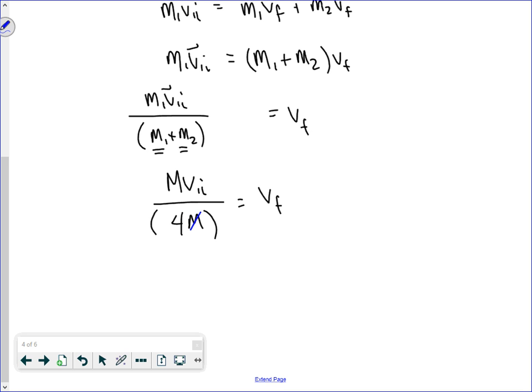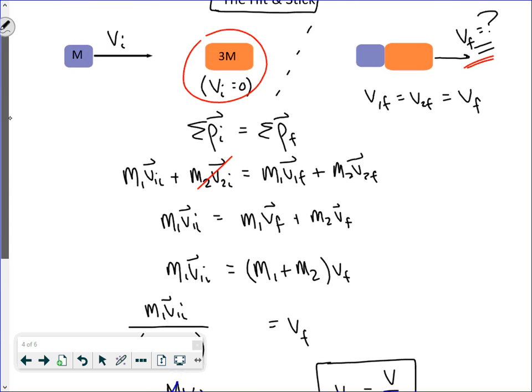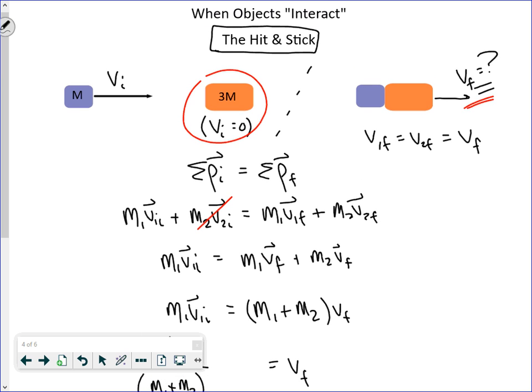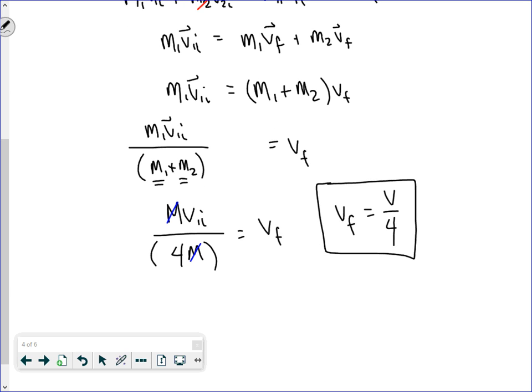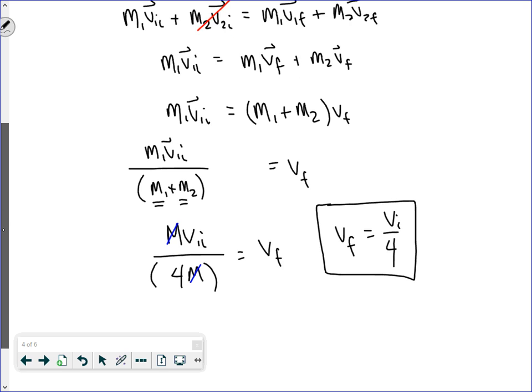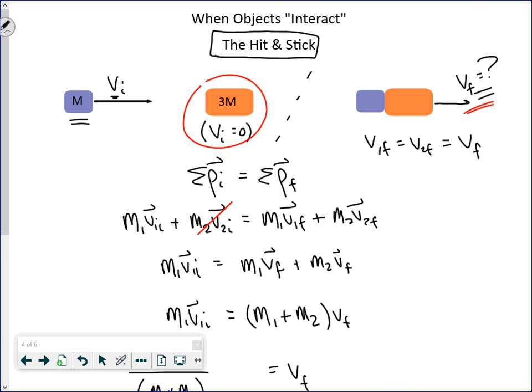Well, our final system velocity is v over 4. Sort of makes sense, and here's why. In the beginning, we had one unit of mass moving at speed v initial.